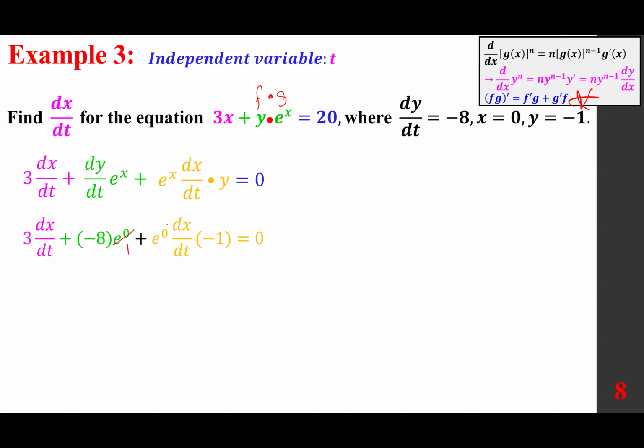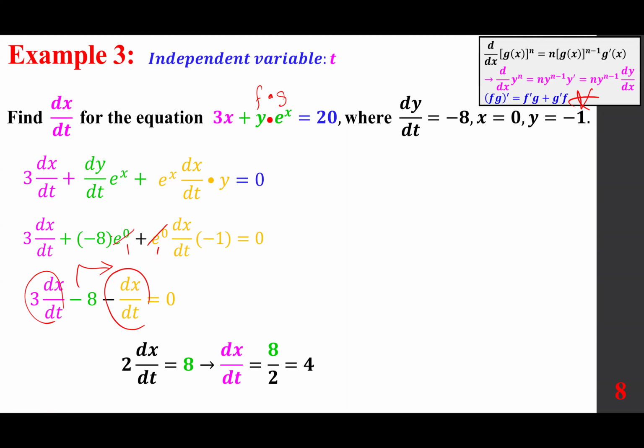So this is 3 dx/dt, this is minus 8, and this is minus dx/dt. These two combine into 2 dx/dt. Minus 8 moves, becomes positive 8, and 8 over 2 equals 4, because you divide right here by 2. And we're done.